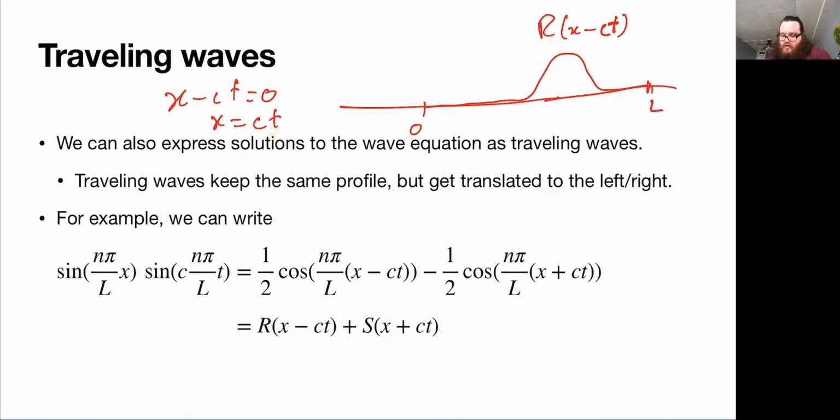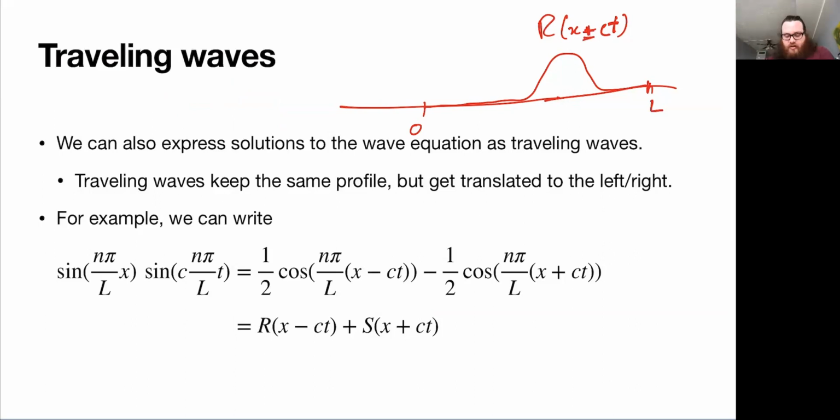So as t increases, pick this point here, the value that you plug in gets increasing. Here, maybe I'll write it like this. We're going to have an expression like this.